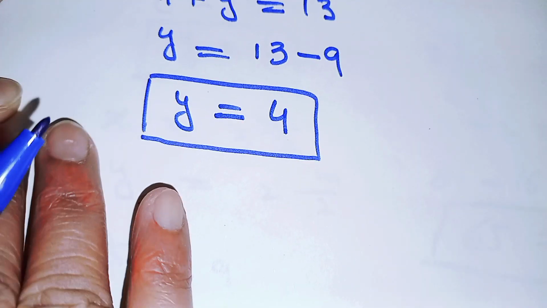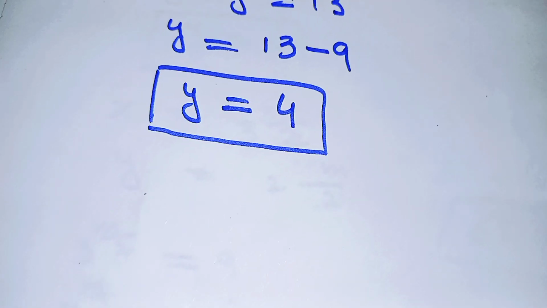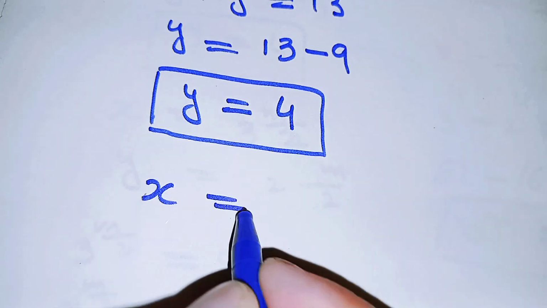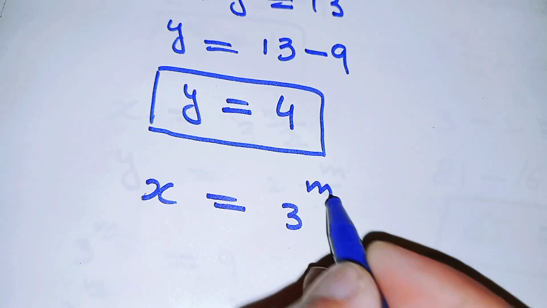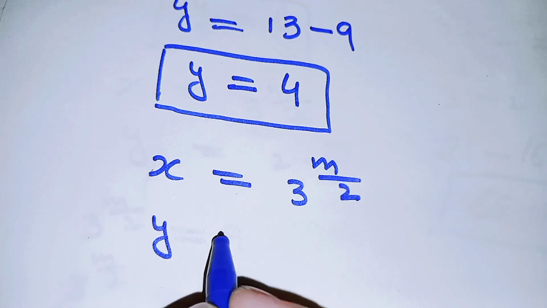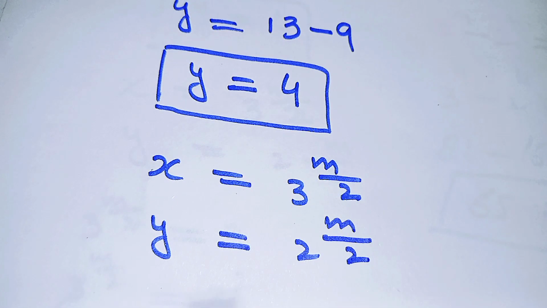In the next step we recall the value of x: x is equal to 3 to the power of m over 2, and in the same way y is equal to 2 to the power of m over 2.